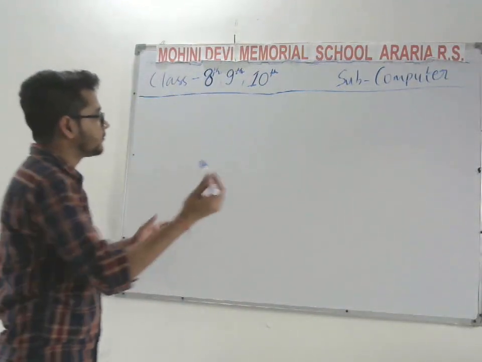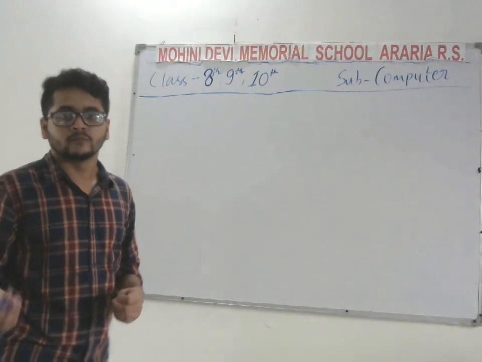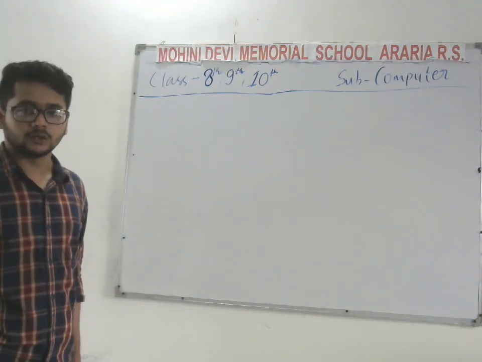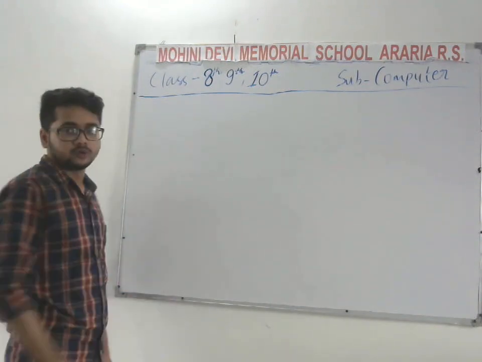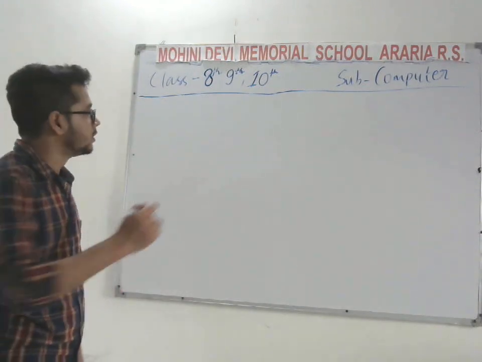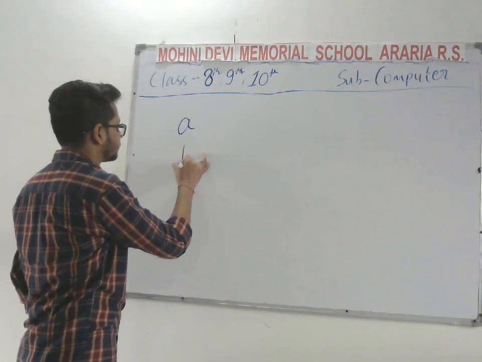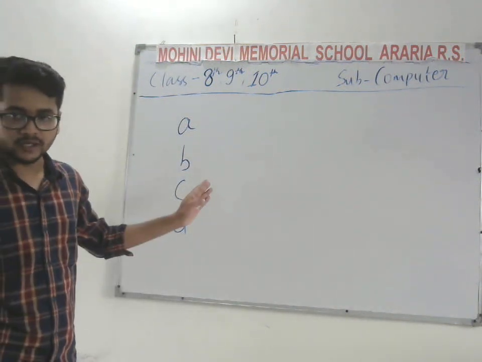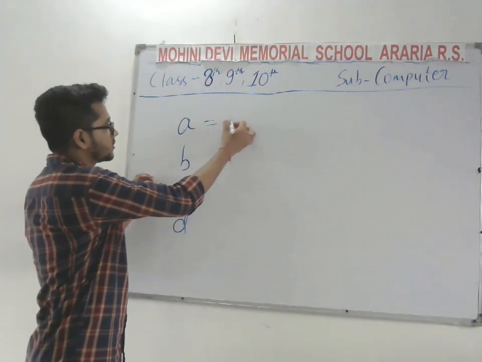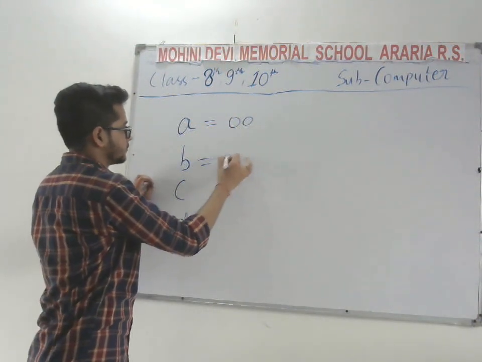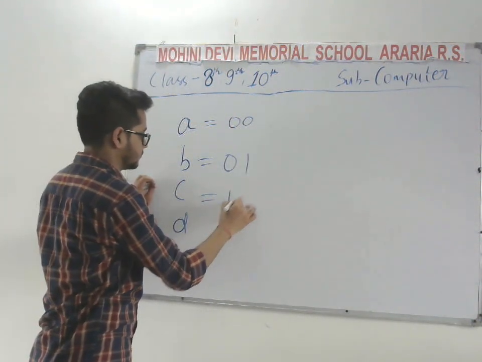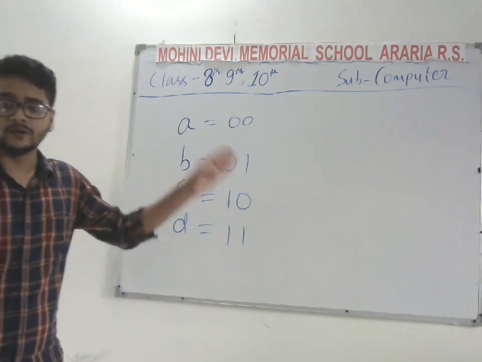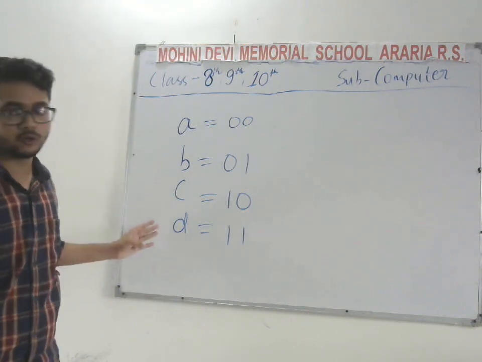Let's say we have 4 characters, then we can represent them using 2 wires, since 2 squared equals 4. Let's say we have a different kind of language where we have only 4 characters.